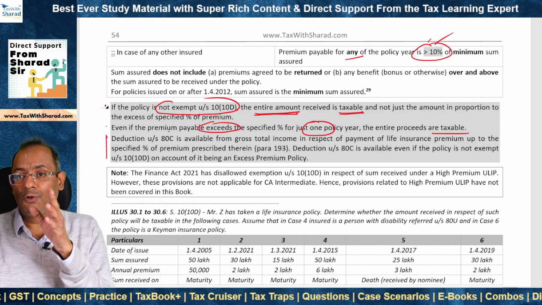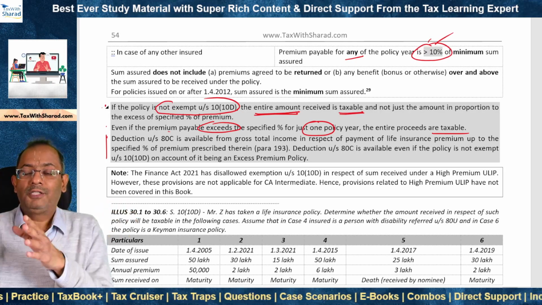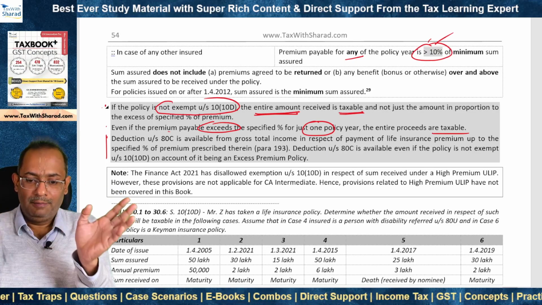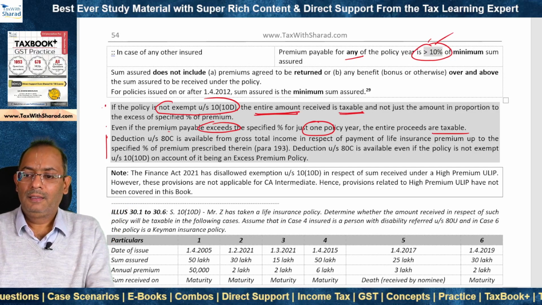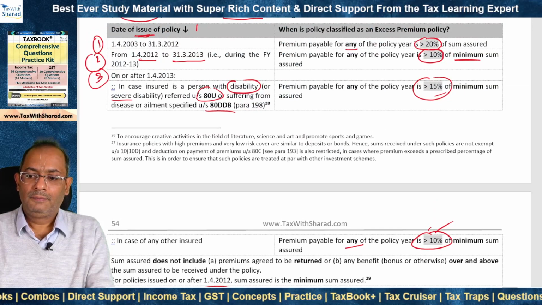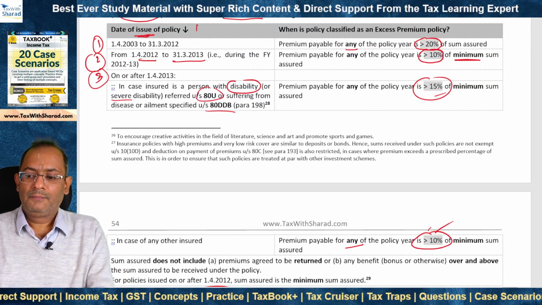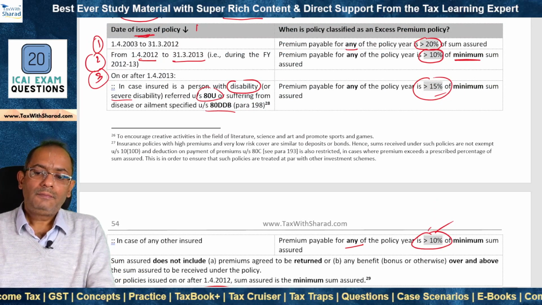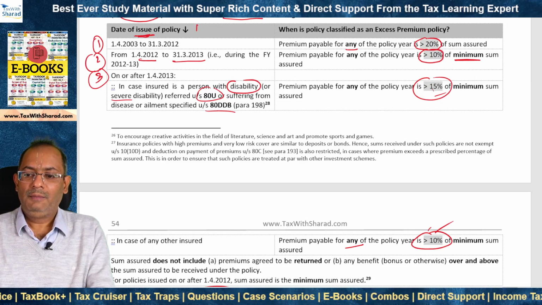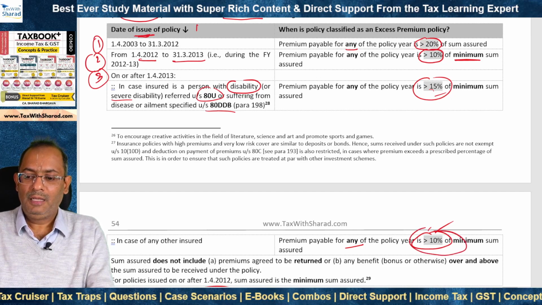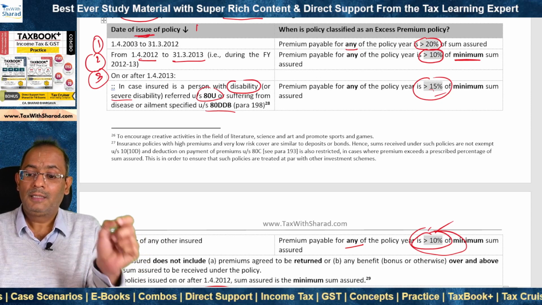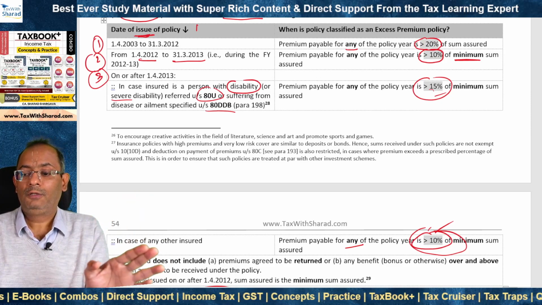The deduction from gross total income under section 80C is also available on account of life insurance premium paid. And there also we find a similar table with similar thresholds. What we need to note is the difference. If the premium exceeds 10% of the sum assured, then deduction under 80C is allowed to the extent of 10% of such premium.